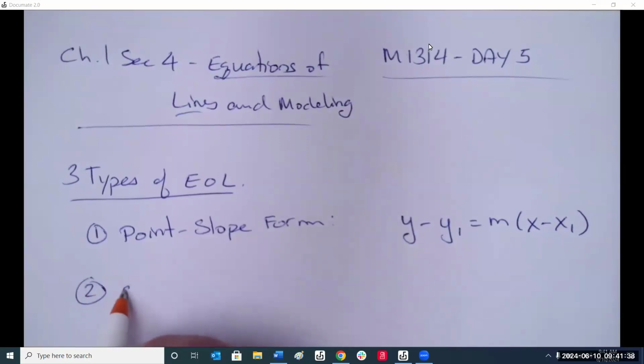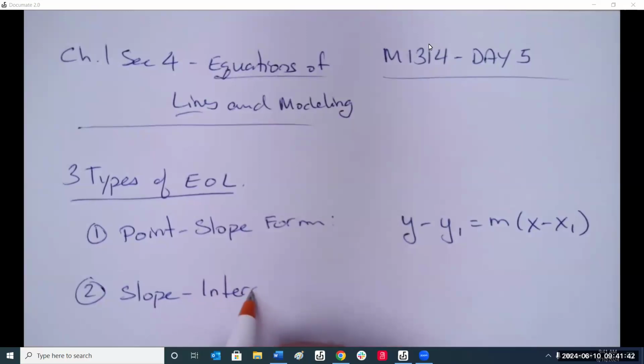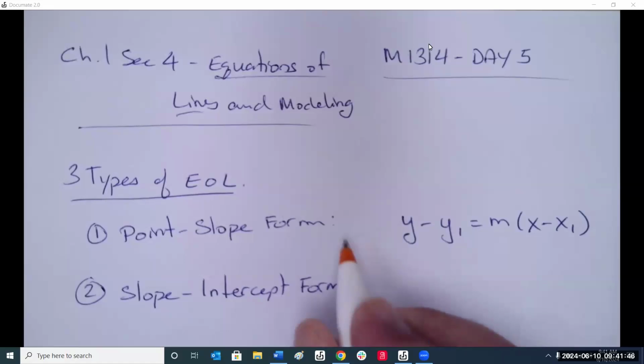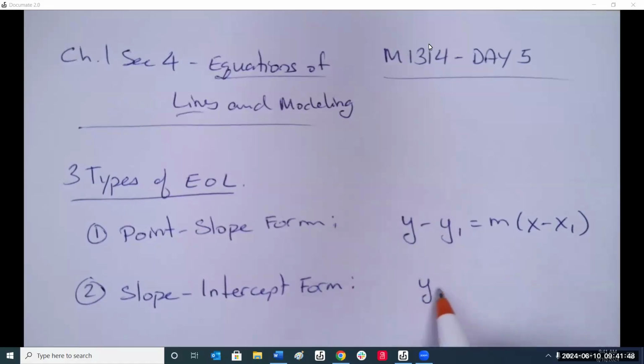Then there's the slope intercept form, y equals mx plus b.